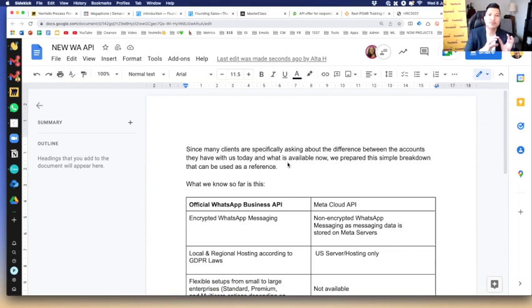So they are retiring a lot of the regular WhatsApp API providers. They're saying, let's only offer the official WhatsApp API, or the Meta Cloud API. So only these two options will be available in the future.